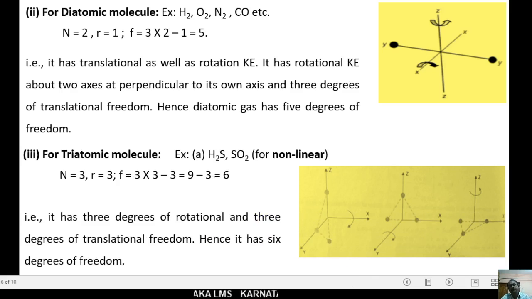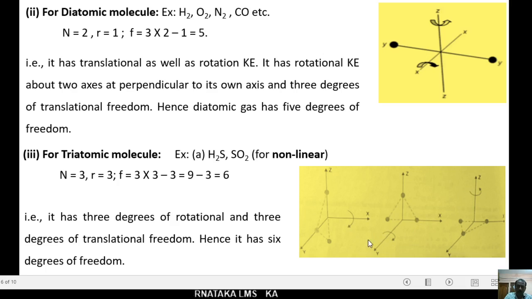That means it has 3 degrees of rotational motion, about x-axis, about y-axis, and about z-axis.